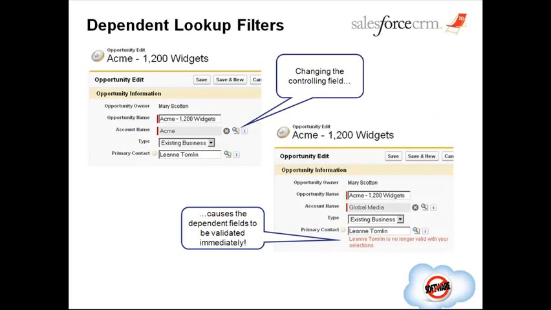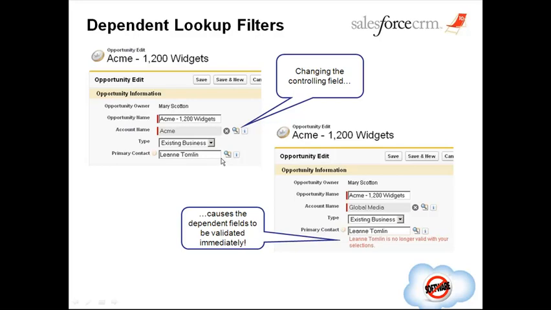But what are dependent lookup filters, and what can they do? I probably don't even have to explain this, because everybody who hears about lookup filters is excited that they can do what I'm about to describe, which is something you can't do in the current release: filter the values in one lookup based on the values from another field. In the screenshot here, the account name is controlling the primary contact.